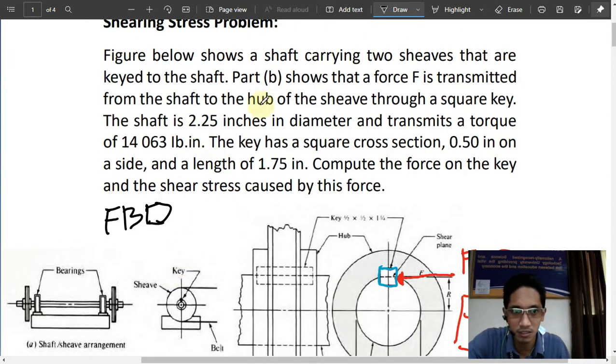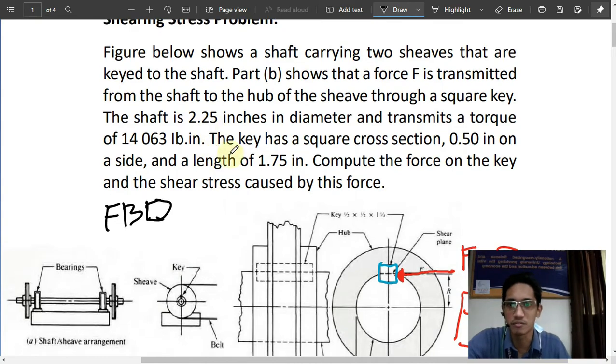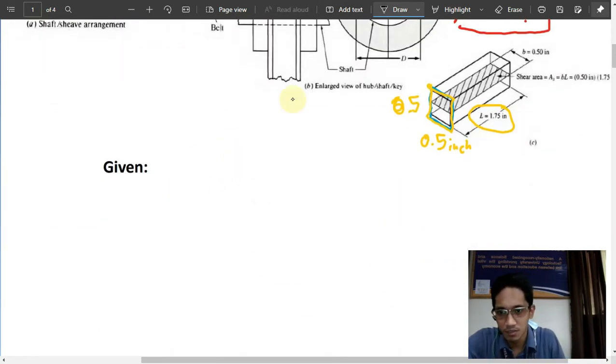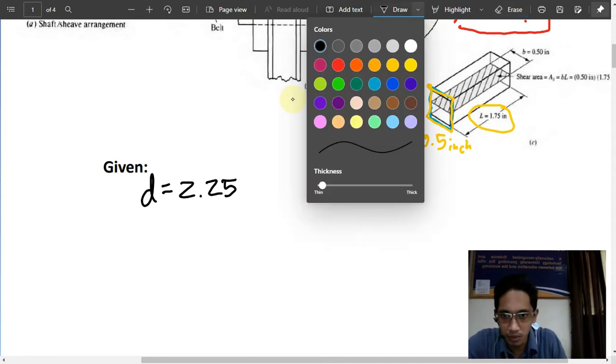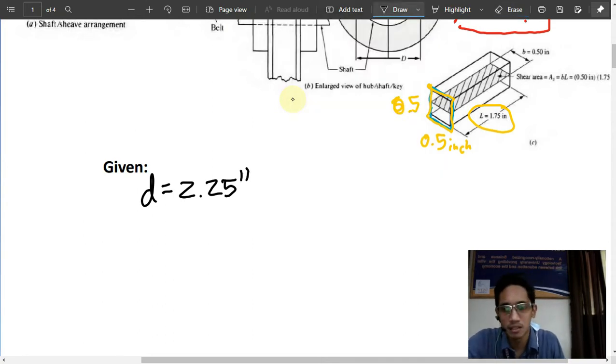The first given is the diameter of the shaft, small letter d, 2.25 inches. Other books use the symbol of a double prime as a substitute for the word inch.